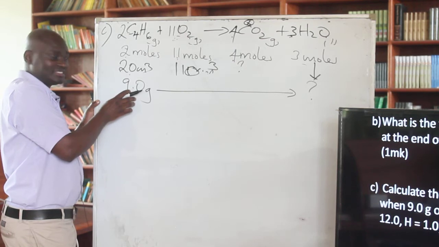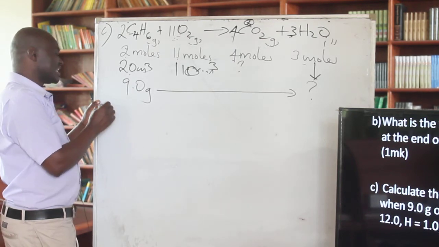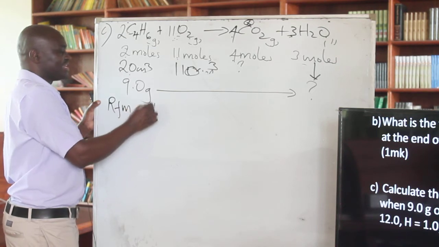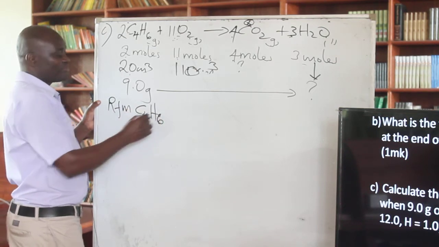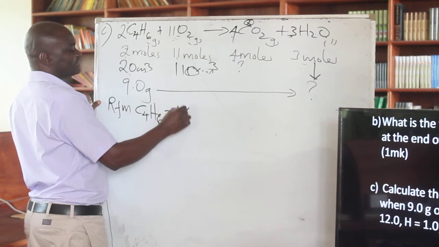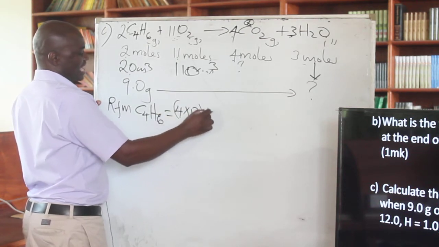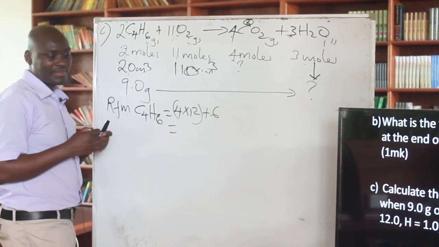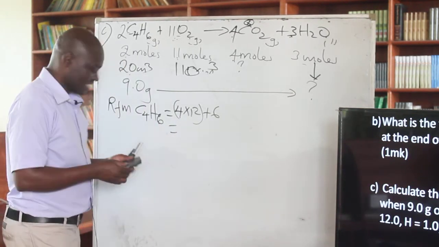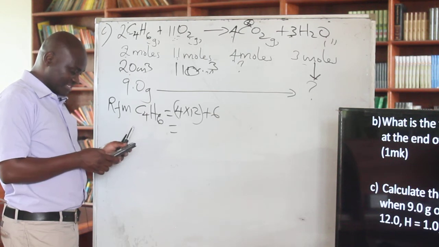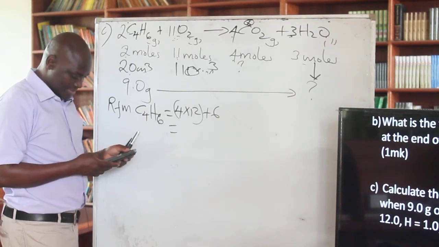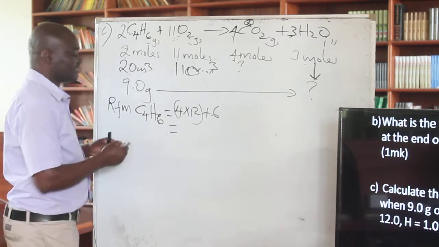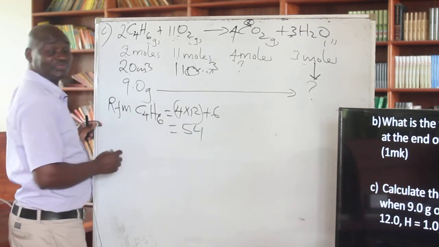So we can get the RFM of butane. The RFM of butane is 4 times 12 plus 10, so 12 times 4 plus 6... that gives 54. So this one is 54.